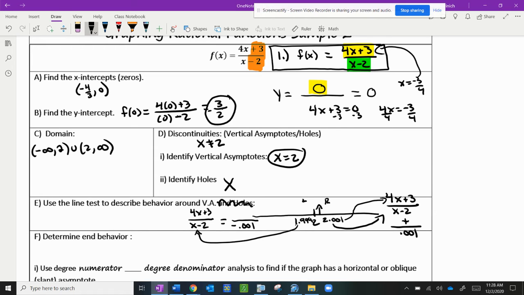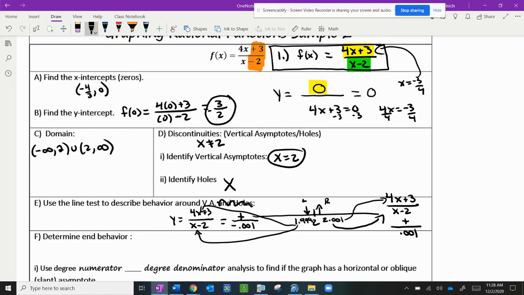When I plug 1.999 into the top, 1.999 times 4 plus 3 is some positive number being multiplied by negative 1,000. So I know the y output is going to be some really big negative y value. So I know it's going to be at the bottom of the vertical asymptote.